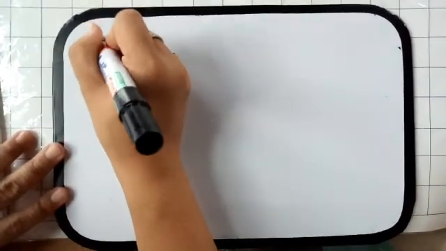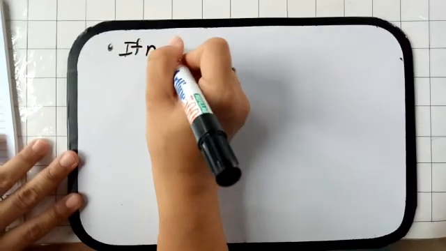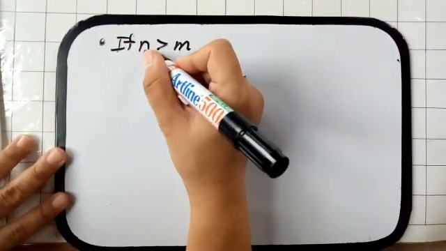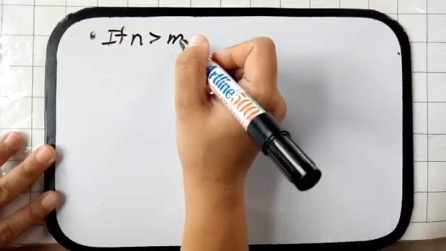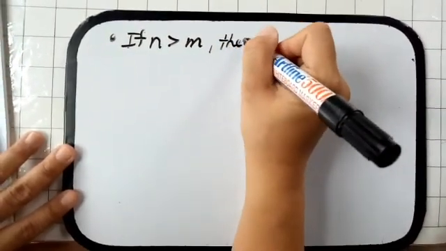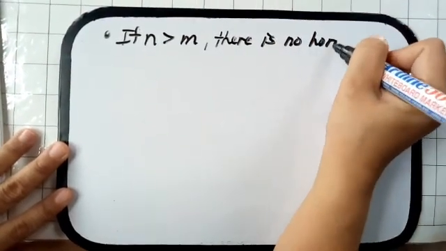For case number 3, if n is greater than m, or the degree of the numerator is greater than the degree of the denominator, there is no horizontal asymptote.